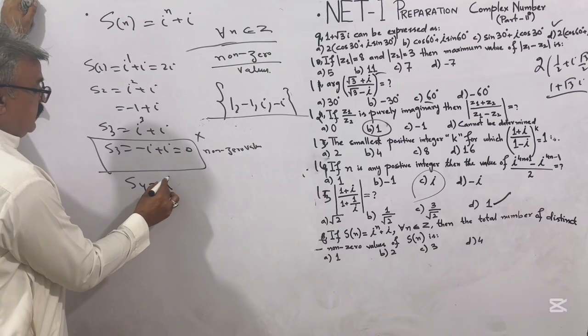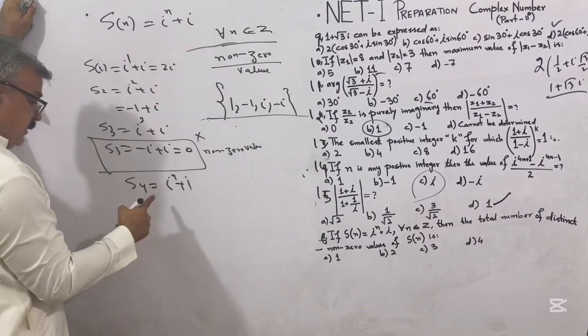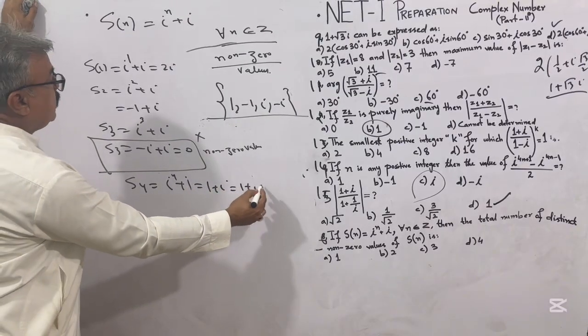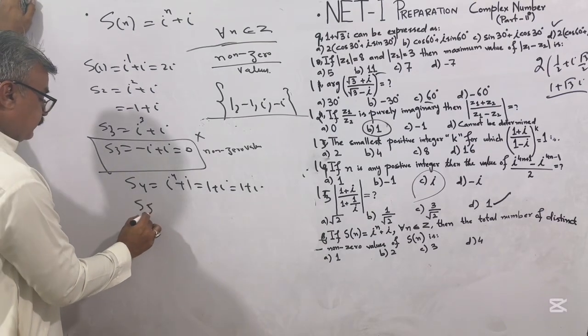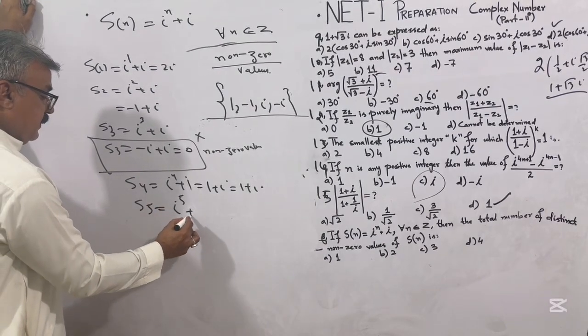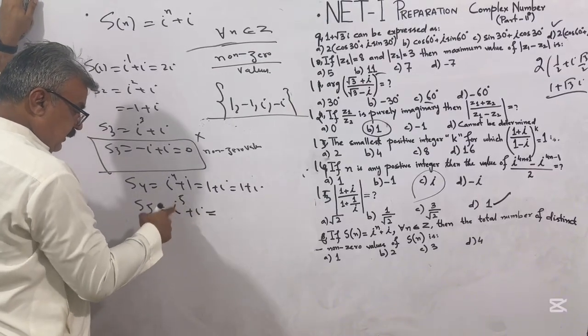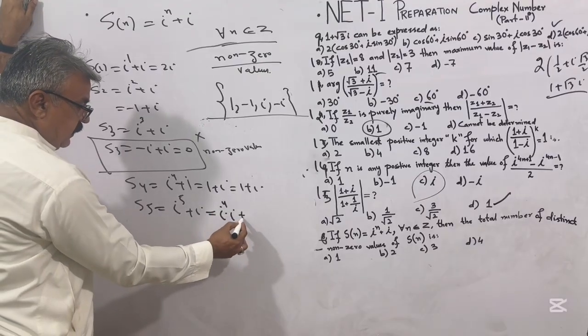S4 is iota raised 4 plus iota. Iota raised 4 is 1, so 1 plus iota. Okay, this is it. S5 means iota power 5 plus iota. Iota power 5 can be written as iota power 4 times iota plus iota.